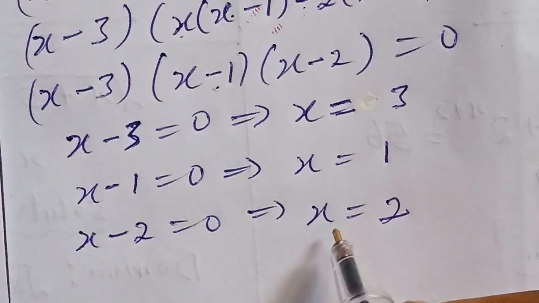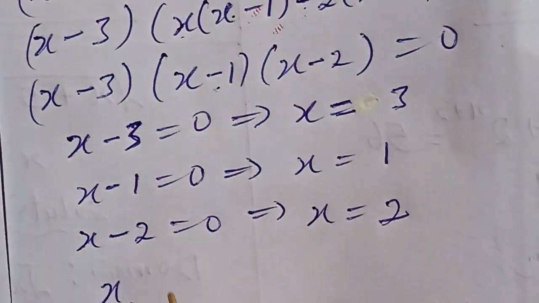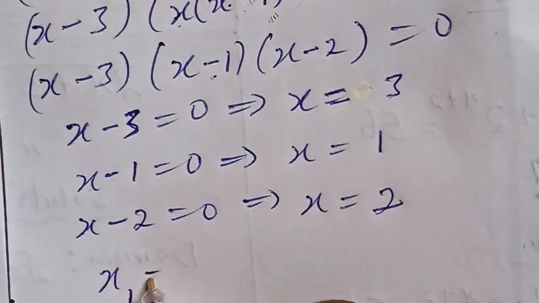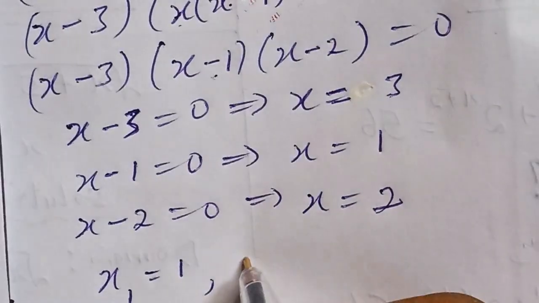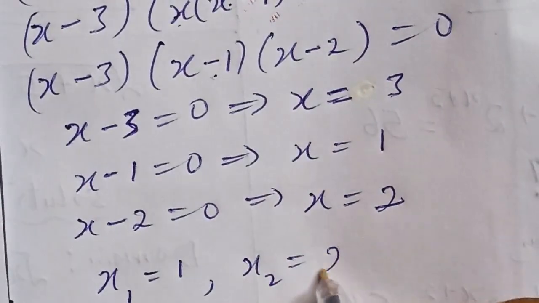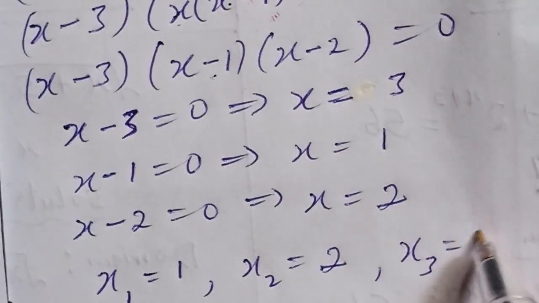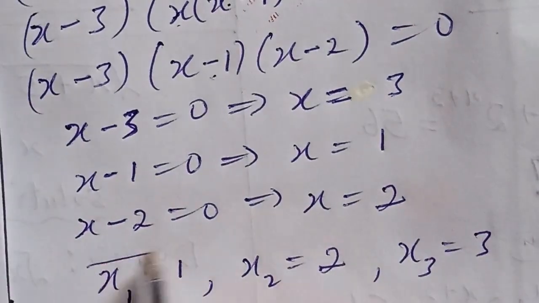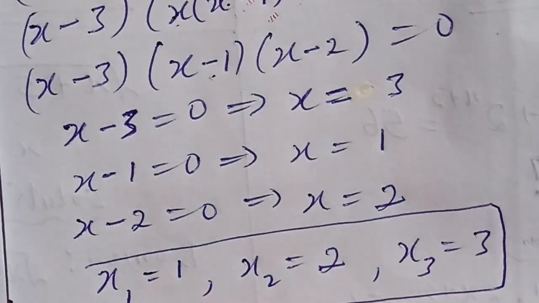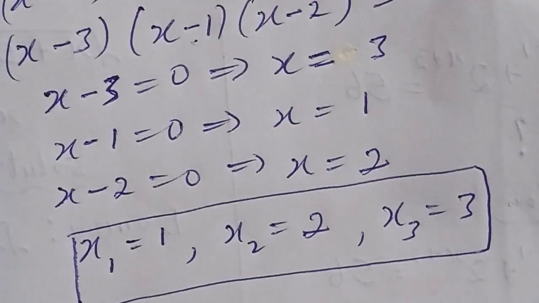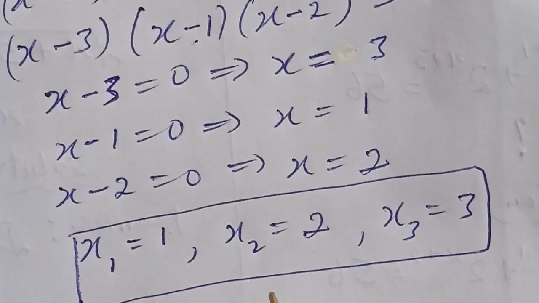So our values of x are x1 given by 1, x2 given by 2, and x3 given by 3. These are all possible values of x in this cubic equation.